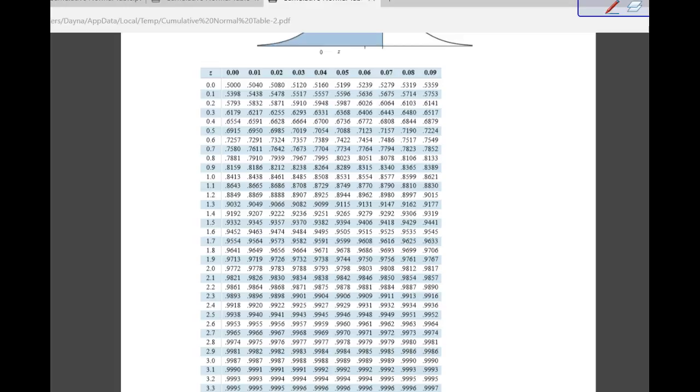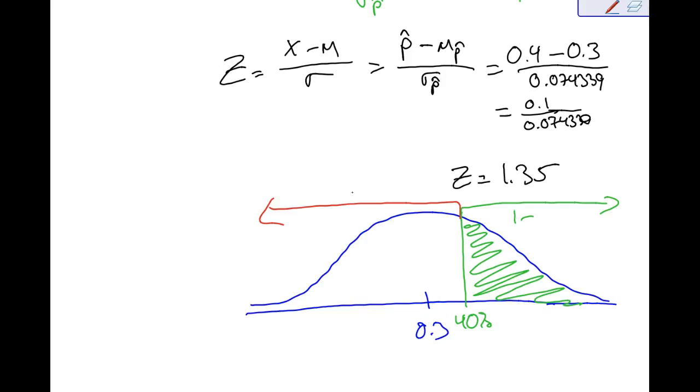So I'm looking up 1.35, which is 0.9115. So that's going to be 0.9115 over here. And I'm going to take 1 minus that, which is going to equal 0.0885. So the probability that more than 40% of the people in the sample have high blood pressure is 0.0885.